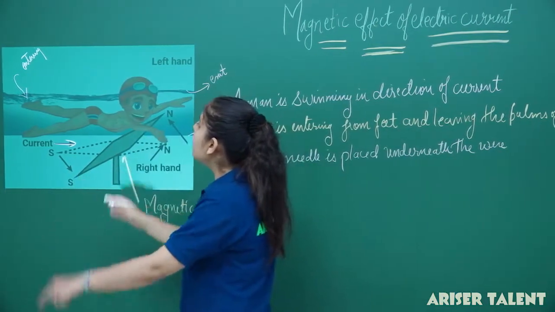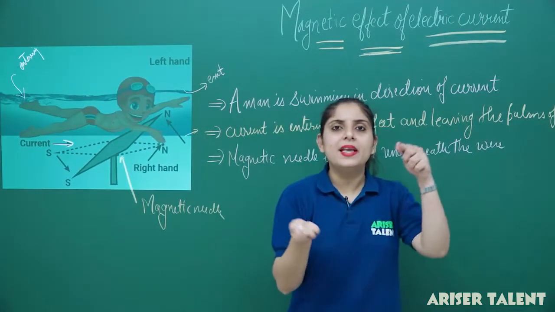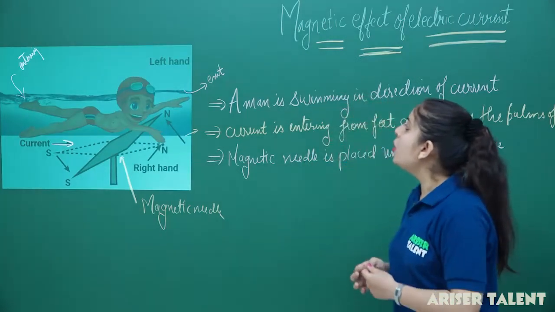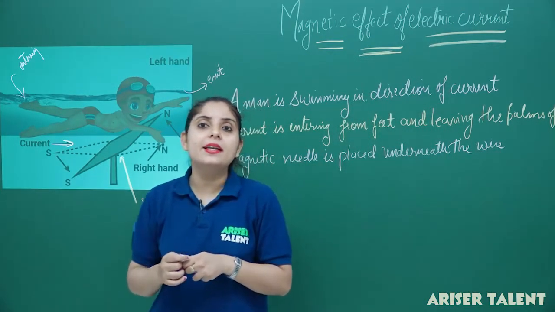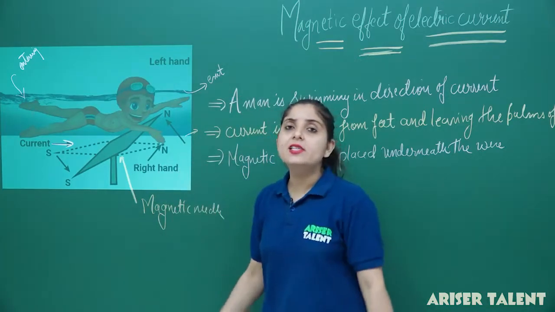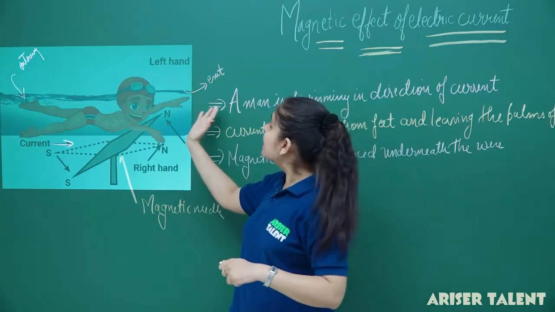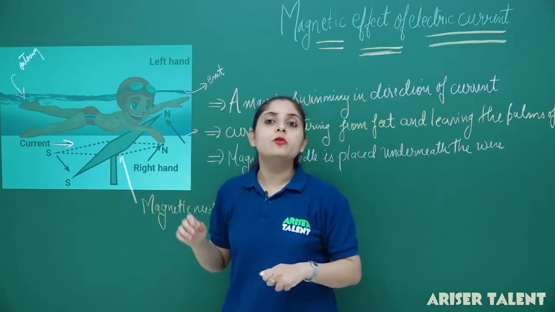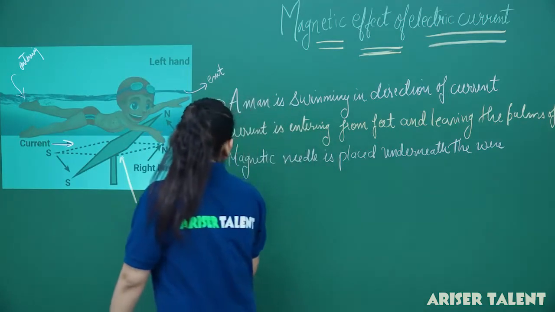Now if the man is moving in the direction of the current and the magnetic needle is placed underneath the wire, what will be the deflection shown by the magnetic needle? The magnetic needle is going to show deflection on the left hand side. It means the left hand of the person will show you the direction of the deflection of the magnetic needle.